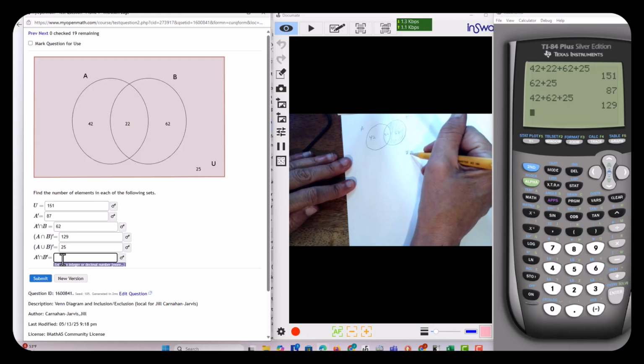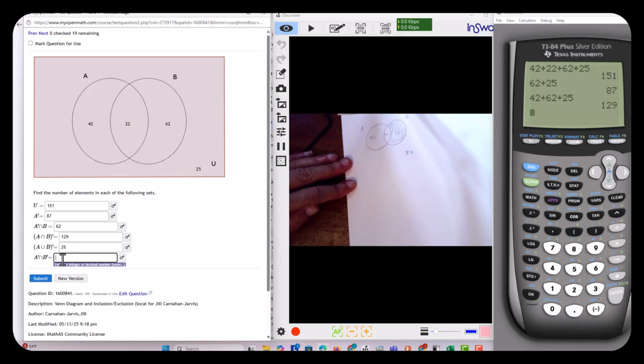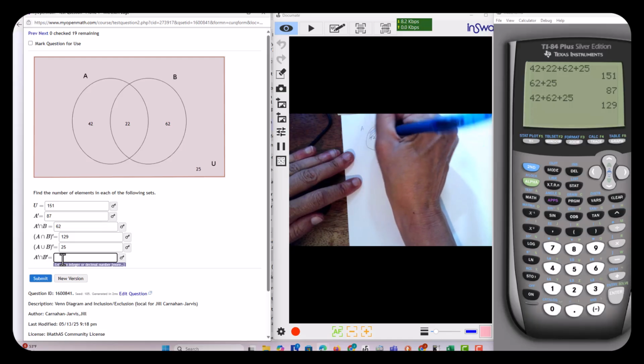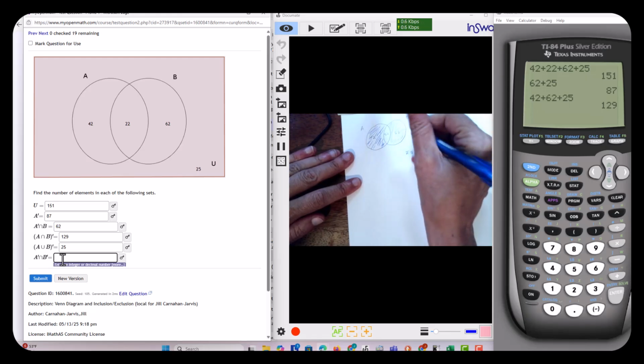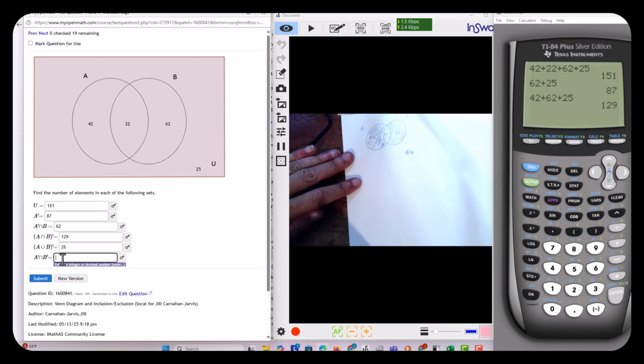And we're going to intersect that with B prime. Let me get an ink pen. B prime is everything that's not in B. Everything that's not in B is going to be this, and including this part too. And we're going to intersect that. So A prime intersect with B prime, the only place where they overlap is this 25.